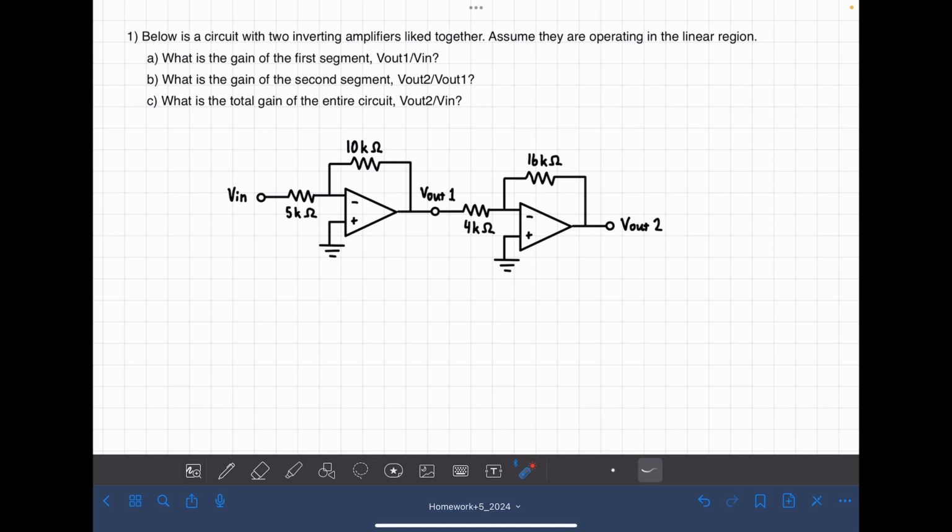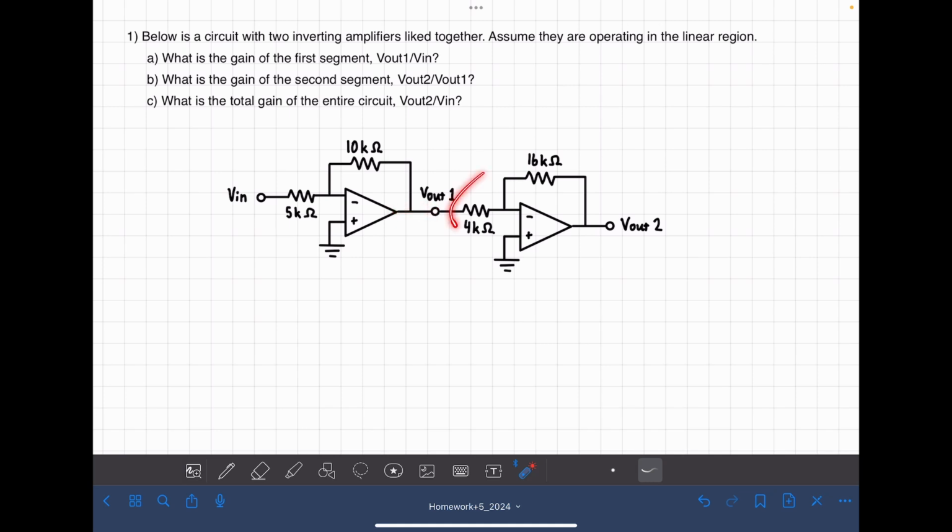Alrighty, so in this first circuit, we actually have 2 op amps, but don't be scared. One of the best properties about an op amp is its buffering property. So what that means is we can essentially analyze them one at a time, because the op amp has the ability to supply however much current it needs to keep V out constant.